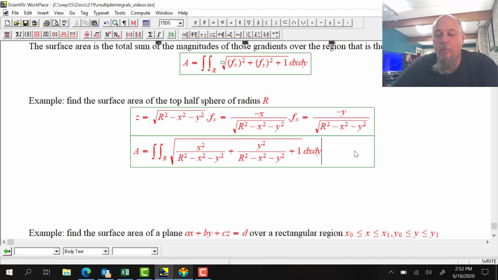Okay, I've got to think about what the region is, and it's a double integral, x is first. Let's draw this thing.